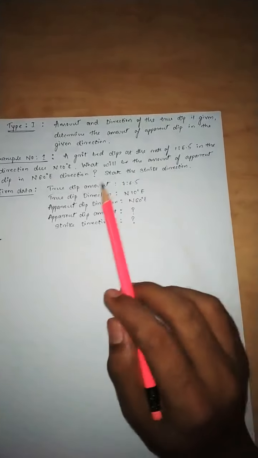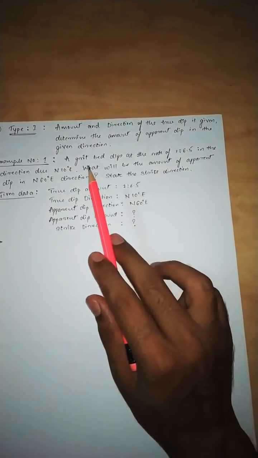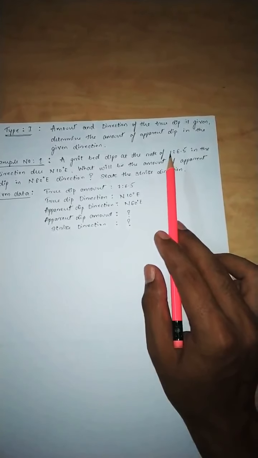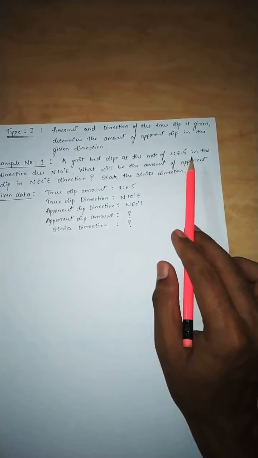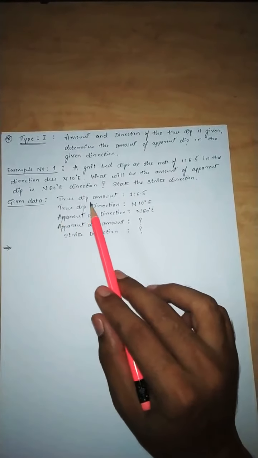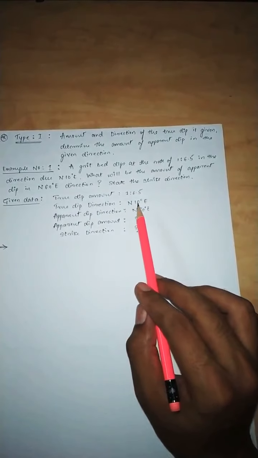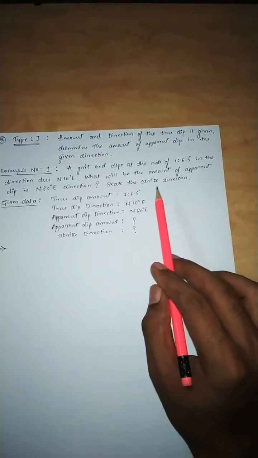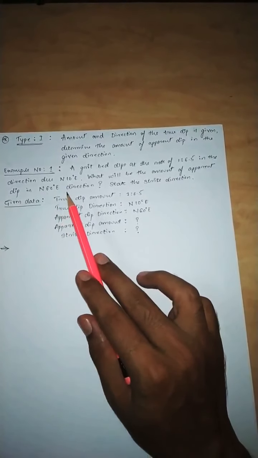Here a grit bed dips at a given rate, that is 1:6.5. So the true dip amount is 1:6.5, and the direction of the true dip is north 10 degree east. The apparent dip direction, north 60 degree east, is given.